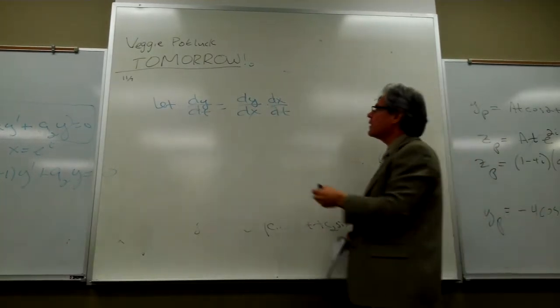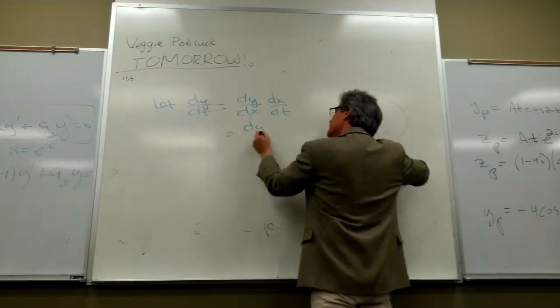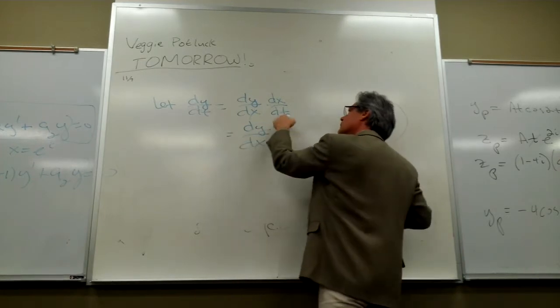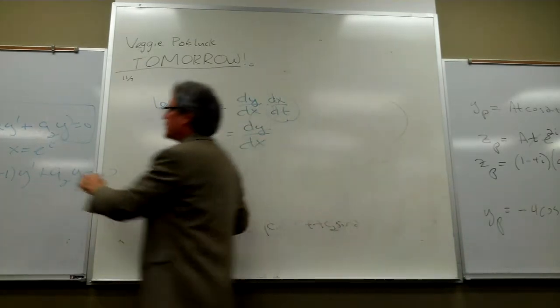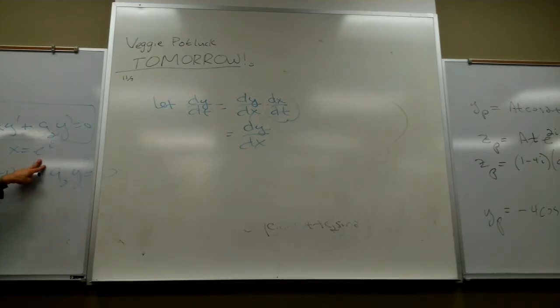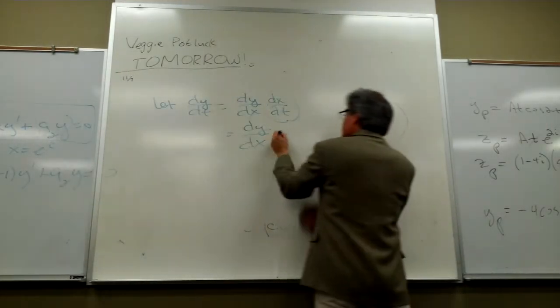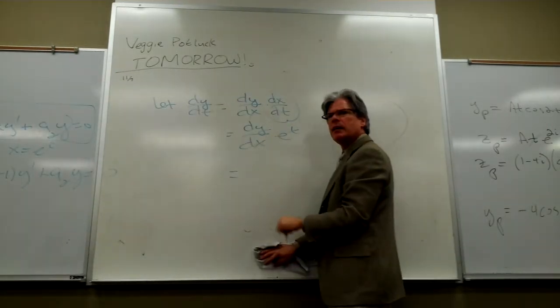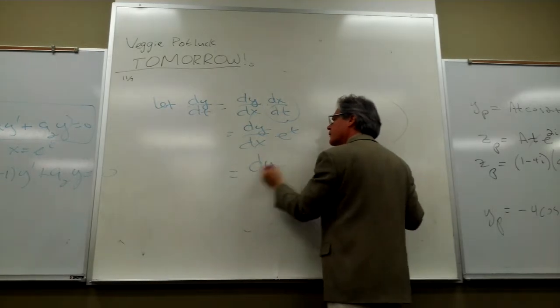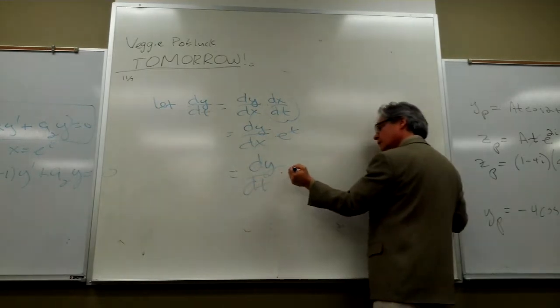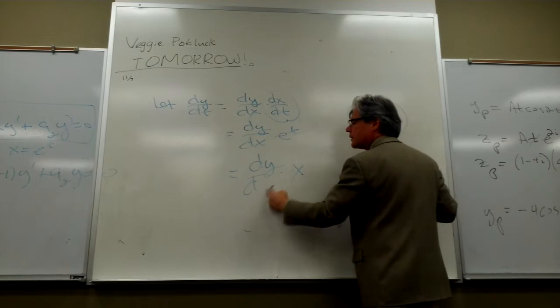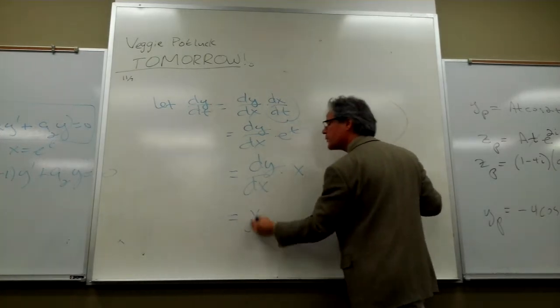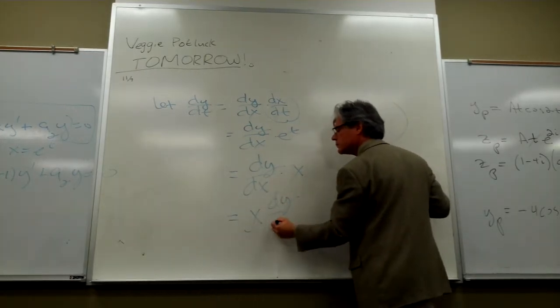And by the way, what's another name for the second factor of dx dt? Well, that's just going to be e to the t. But you know what? I don't like it. Can I rewrite that? Because I think another name for e to the t is x. So I think dy dt could be interpreted as x dy dx.